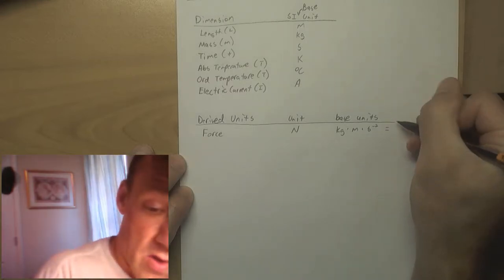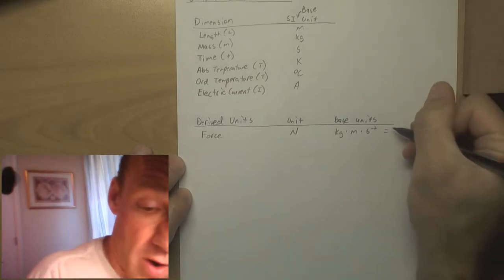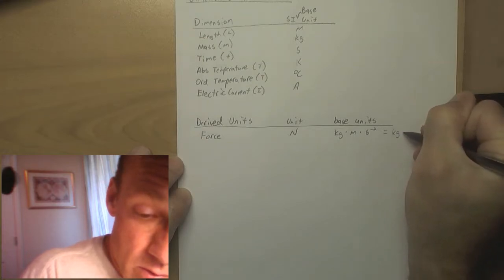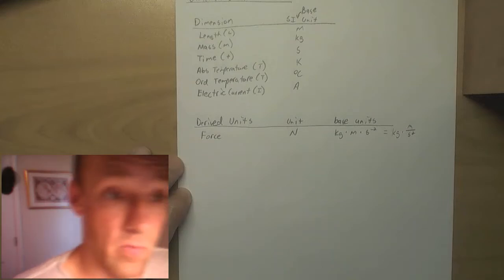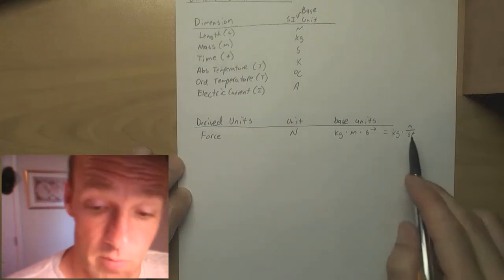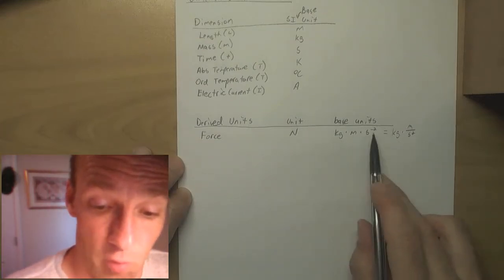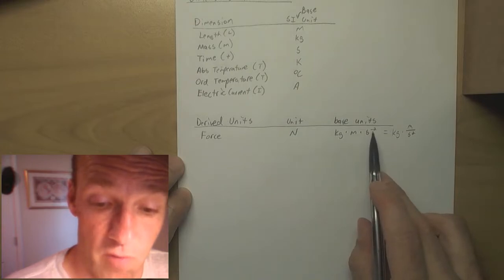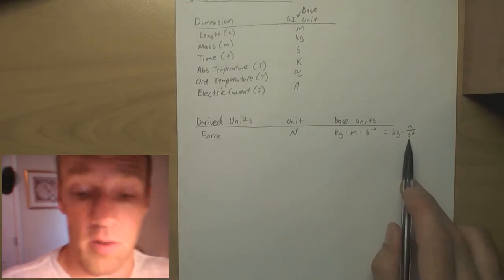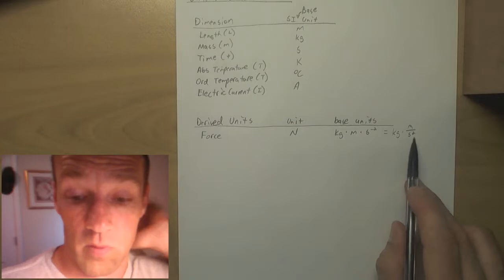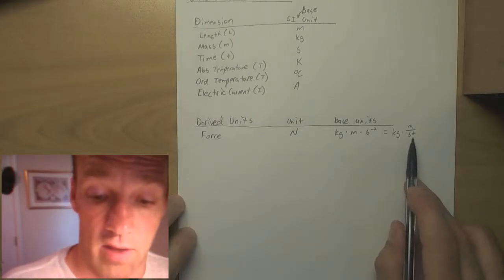Okay, so this is just another way of writing something like that. All right, so it's just multiplying with the use of negative powers, denoting that it's in the denominator.